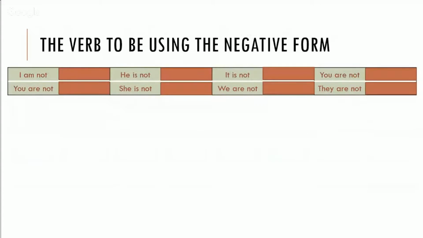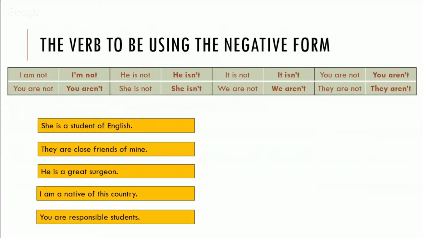Okay. So what I'm going to do now, I'm going to move on to the next slide, and I'm going to have you guys practice with me with the same sentences. But I'm not going to ask you to write the sentences. I'm going to ask you to give me the answers on the chat. Okay?